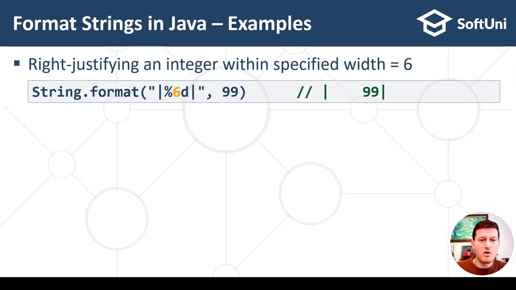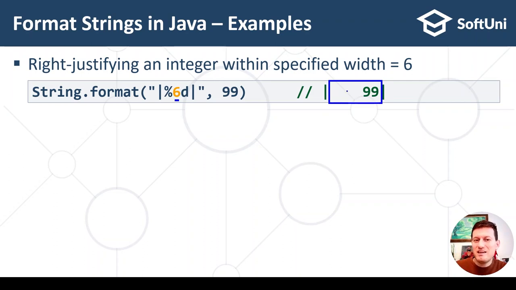Okay, so let me show you some other details about the string formatting. We can use this %. I want to show you these examples. %6d, but with 6. 6 means that the output should be placed in a place consisting of 6 characters.